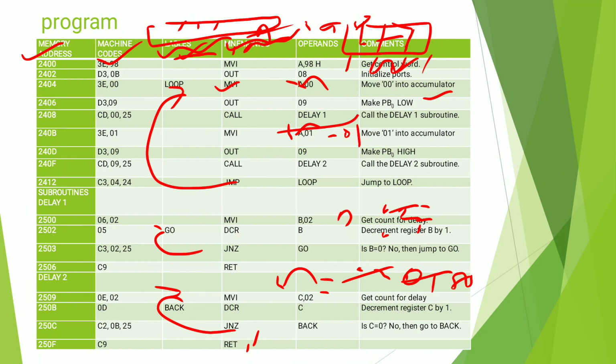Here delay 1 controls the time period for which the square wave remains low, that is 0. And delay 2 controls the time for which the wave remains high, that is 1. If the time periods for low and high are to be kept equal, the counts in registers B and C are made equal.